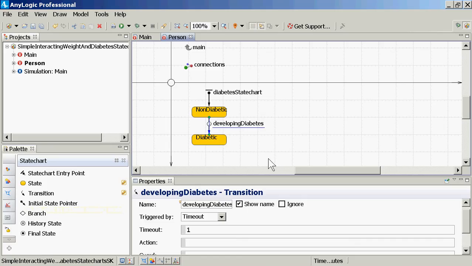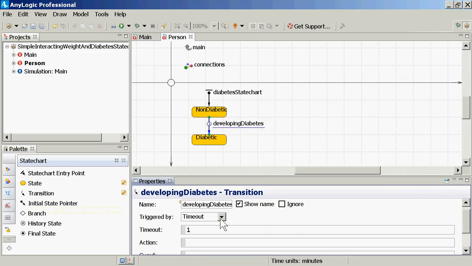So here we have a state chart, and we're going to be able to set the type of transition associated with this, to choose amongst a set of types of transitions. I provided you with slides that discuss this in a little more detail, but there are several types of transitions. One is a timeout transition that occurs after exactly a certain time.